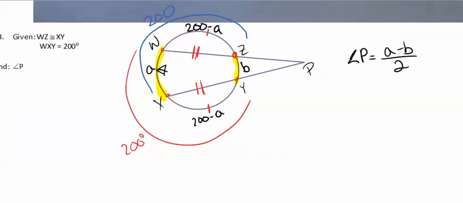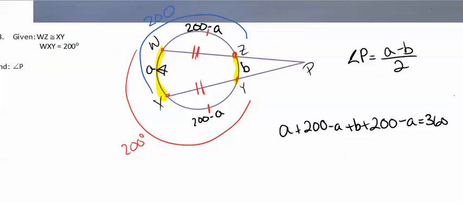And that gives us the entire circle. So that also tells us that A plus 200 minus A plus B plus 200 minus A equals 360. If we solve that, you'll get 400 plus B minus A equals 360.